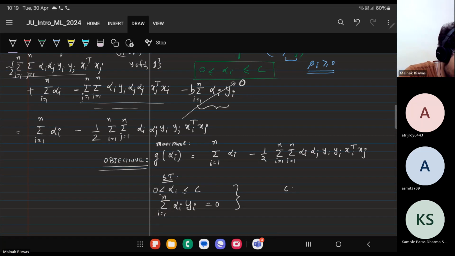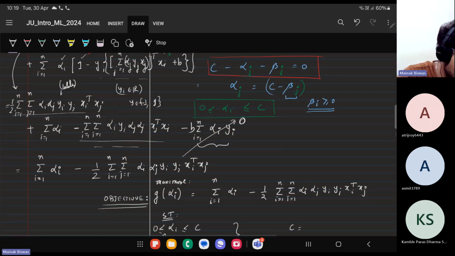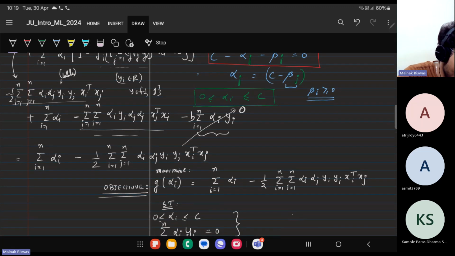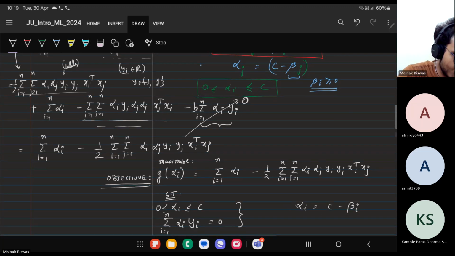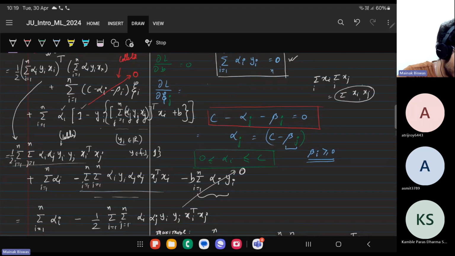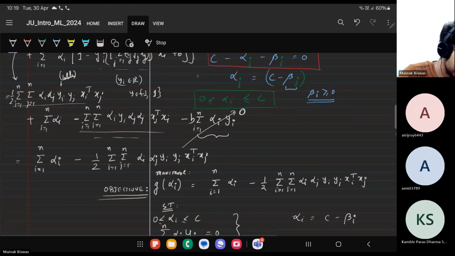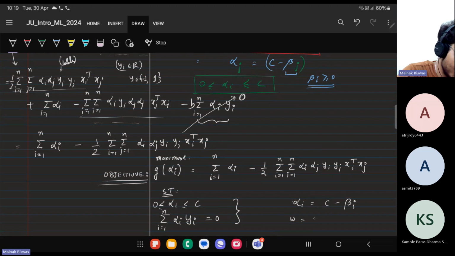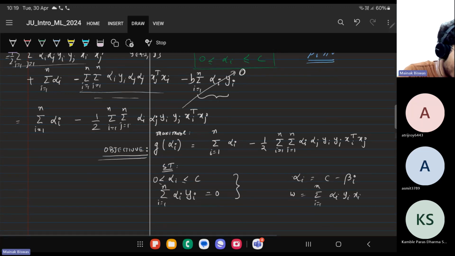Yes. So these are the two constraints, and I will also keep a few things in mind. That is, I will know that alpha i is equal to C minus beta i, and I will also remember that W is equal to summation of alpha i yi xi, and I have already put this over here.